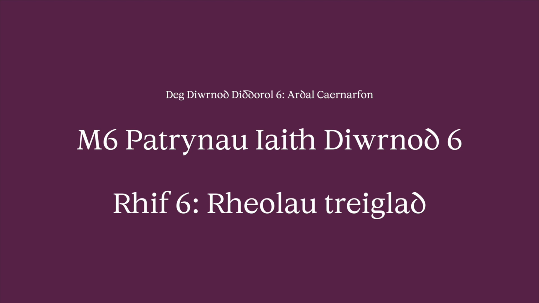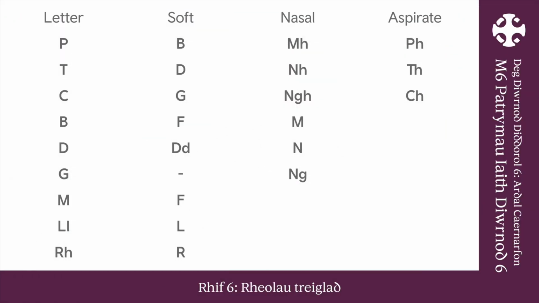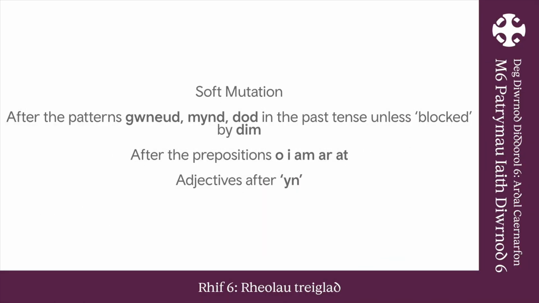Number 6. Rheolau treiglo. When do I have to mutate? Here's a recap of which letters mutate. A few mutation rules to try to be aware of. Soft mutation. After the patterns gwneud, mynd, and dod in the past tense, unless blocked by dim.